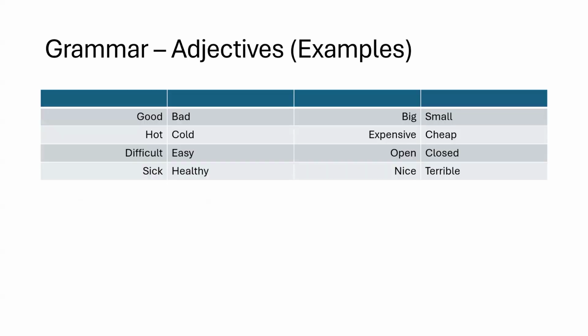So here's some examples of adjectives. I put them in order by the differences: good, bad, hot, cold, difficult, easy, sick, healthy, big, small, expensive, cheap, open, closed, nice, terrible. Many adjectives do have a partner that's negative. Sometimes you can make the negative just by adding the word in.